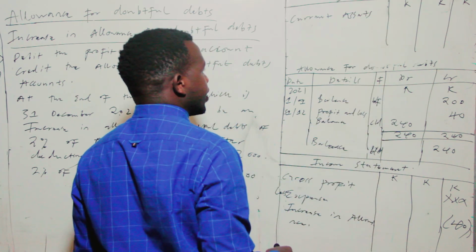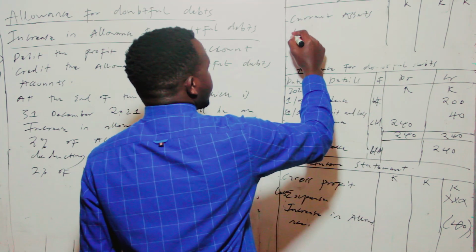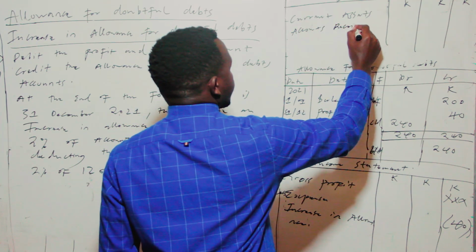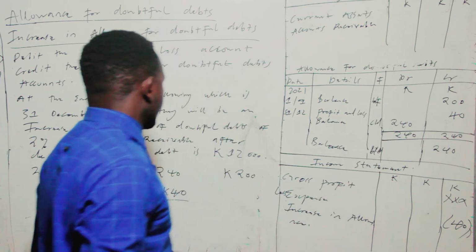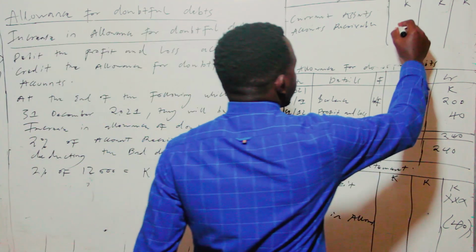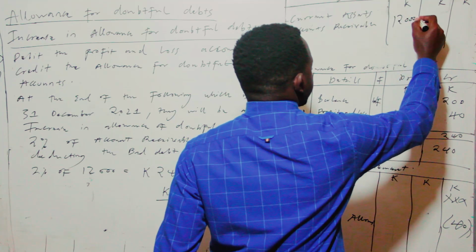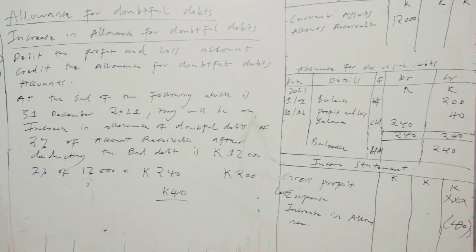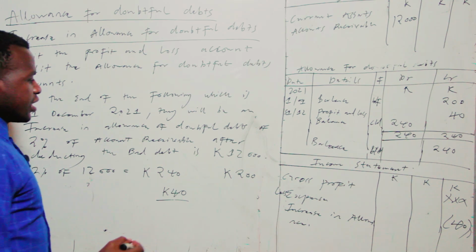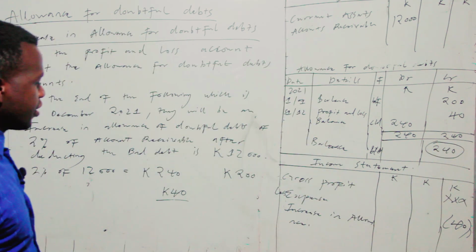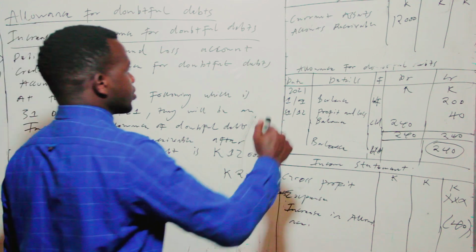So for the current assets there, we have accounts receivable. The figure we're having is 12,000. So we can say our 12,000 there. So we are supposed to subtract the allowance for doubtful debts. And the amount that we're going to subtract is the full amount, which is 240.